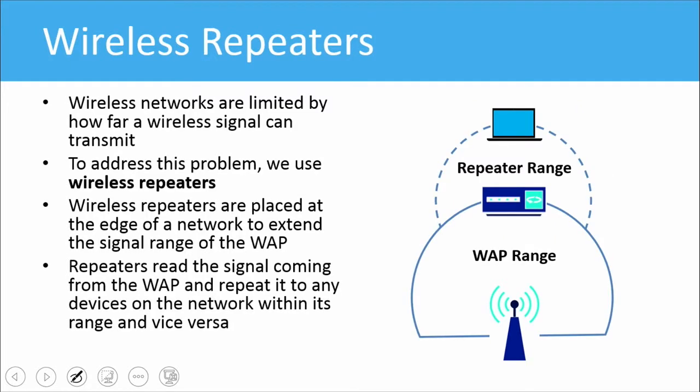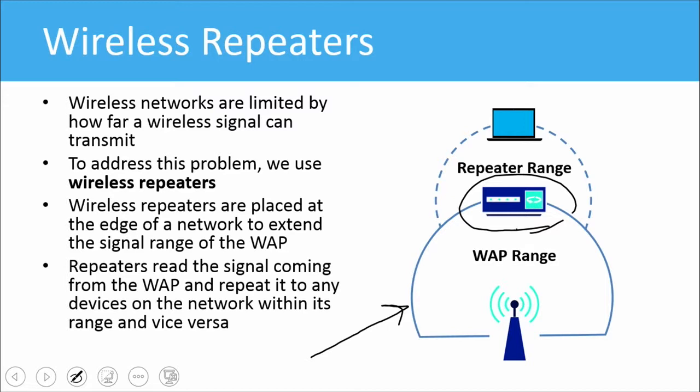Another technology that we haven't talked about is a wireless repeater. Wireless networks are limited in how far a wireless signal can transmit. So if you think about the range of your wireless access point, it only goes so far. You could place a wireless repeater at the end of a network in order to extend the signal range of a wireless access point.